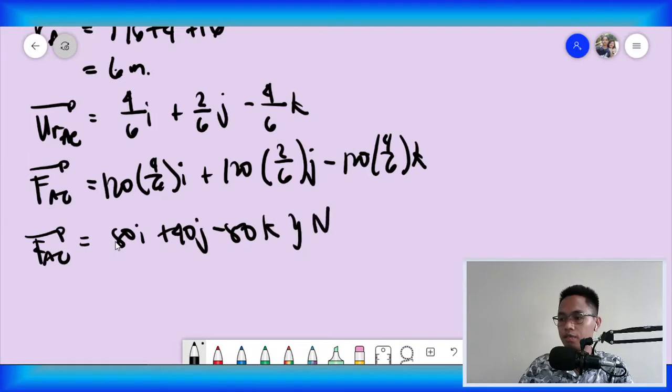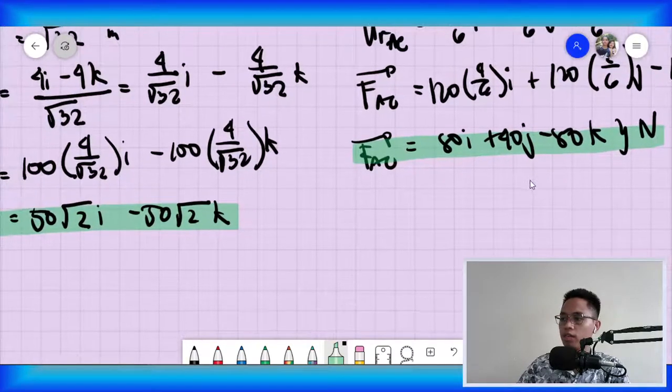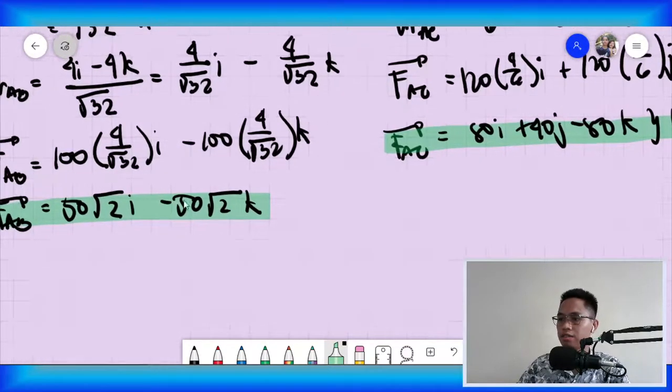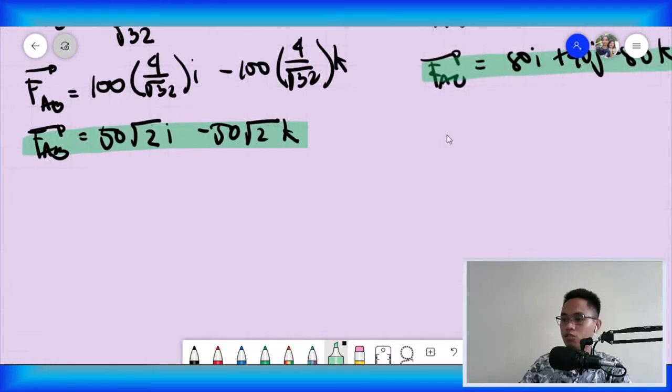And this is in Newton. Alright, so we already have the Cartesian form of FAC. Now, we have these two values here, so automatically we can solve for the resultant.